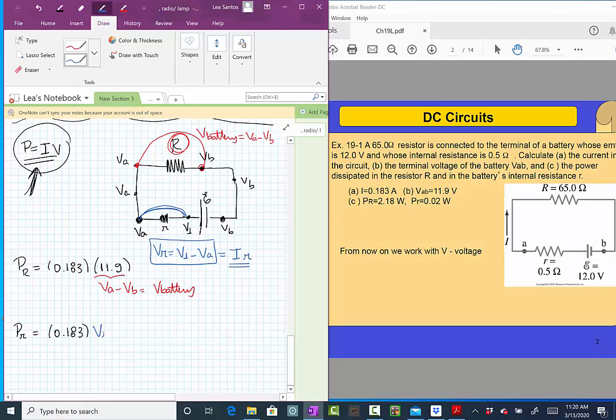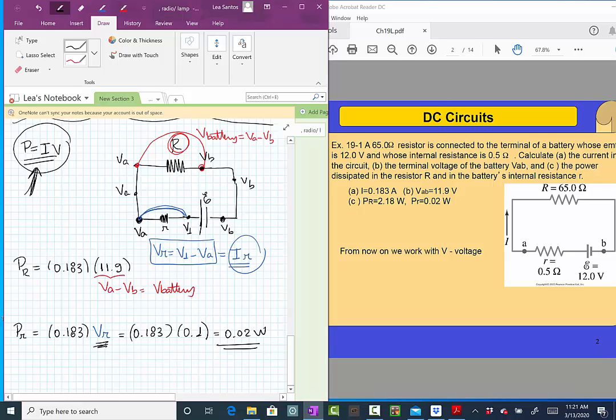Careful, is the one across the little resistance. Okay, so you have to compute it from this IR. If you compute it, you will see that this is very close to 0.1 volts. Okay, so what you will have to put here, 0.183 multiplied by 0.1 volts, and that will give us that power dissipated, very close to 0.02 watts. Okay, so be very careful with this. What is the potential difference that we are going to use?